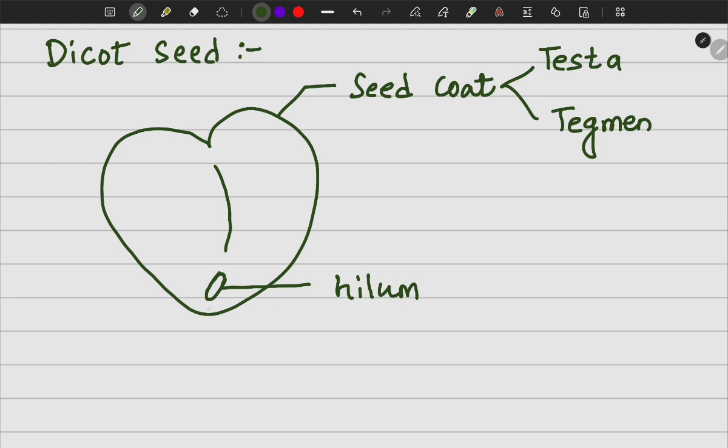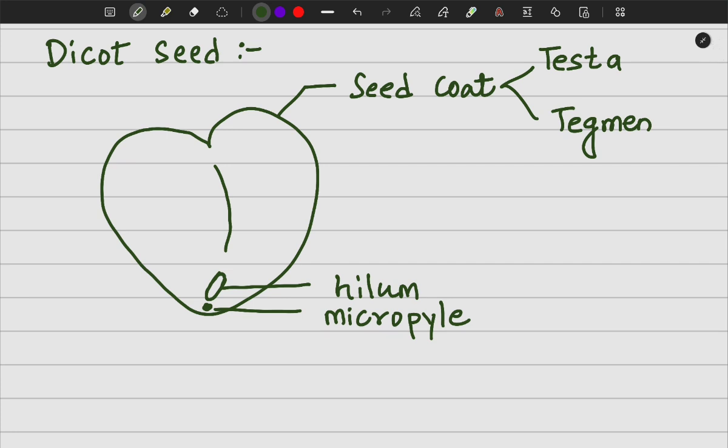Now above the hilum, we will find a small opening or a pore which is called a micropyle. Through this micropyle, the water enters inside the seed and helps the seed to germinate. So that is the function of micropyle. I hope seed coat, hilum and micropyle is clear to you.